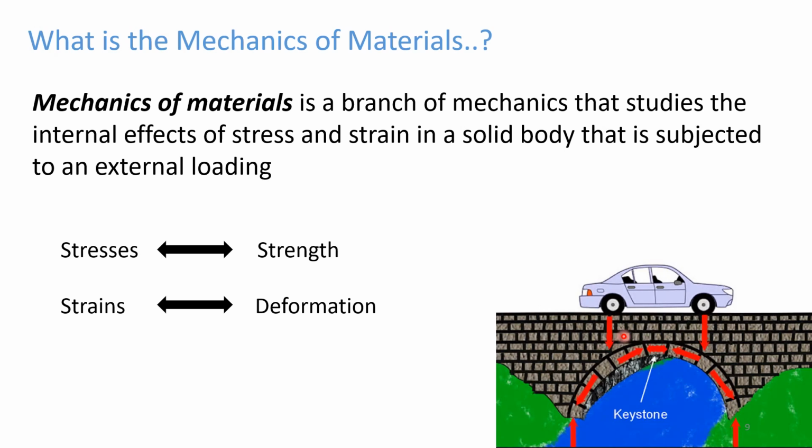The main focus of this subject is to look at what happens to the bridge, what internal loads or forces are created due to this external load or force. Especially in engineering, it's a very important case, because when we design something, we have to think about these things.